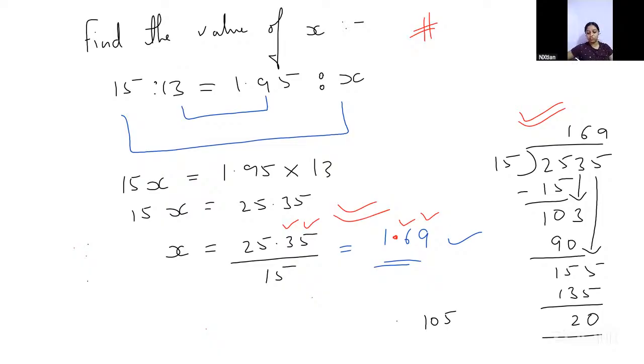Like we could have done 2,535 divided by 1,500, and that would give us the same answer, because we are basically multiplying both sides of the fraction by 100. Yes, Abraham, I got your point. Yes, you can do that. If it's giving you the same answer, you can try that out.